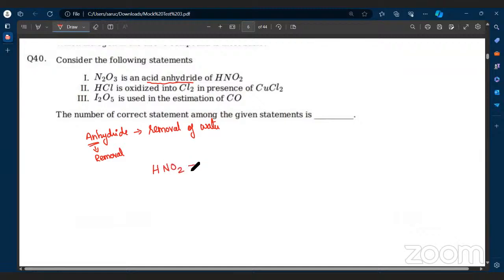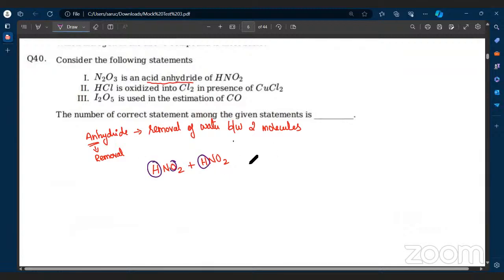When I take one more molecule, the removal of water takes place between 2 molecules. So again, I'm writing HNO2. Now what you have to do is remove one water molecule. So one hydrogen will move out, and one oxygen will move out.